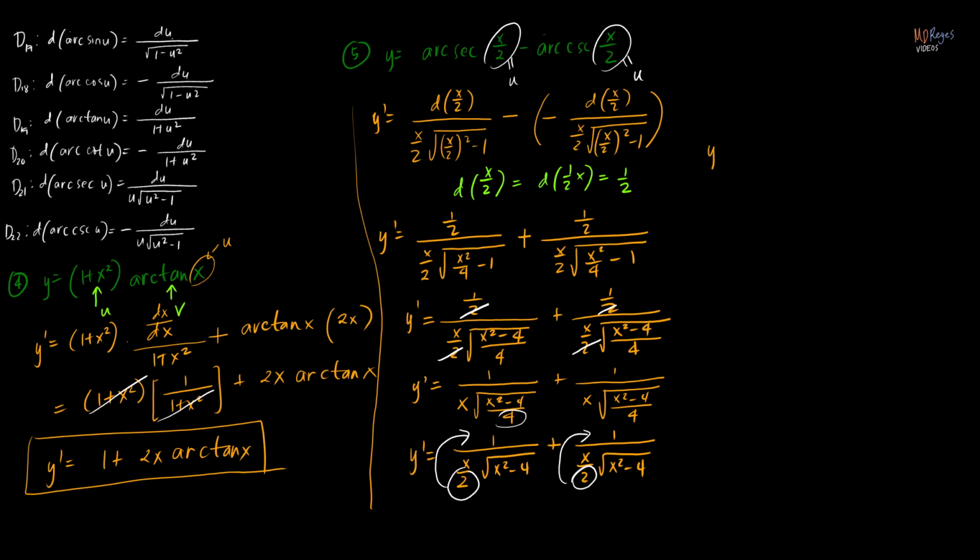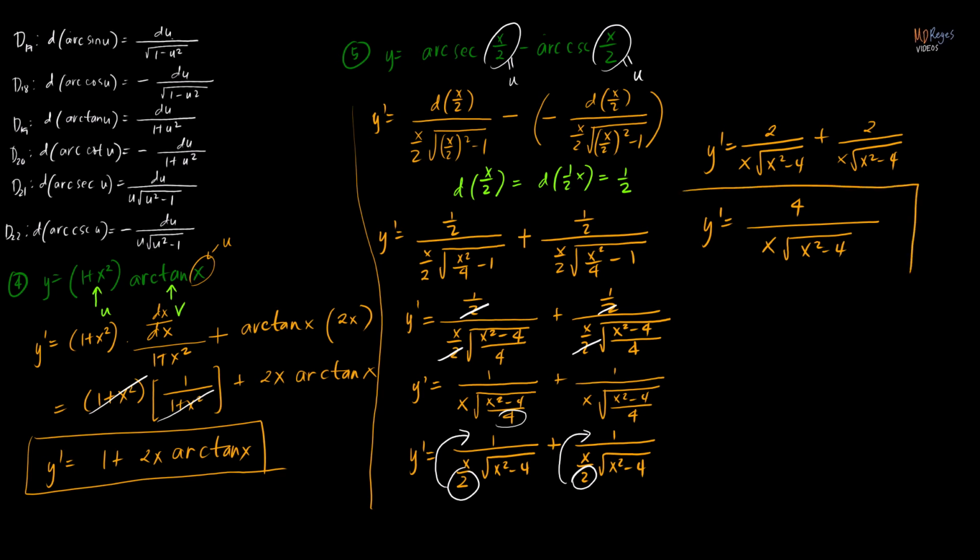So now y prime is equal to 2 over x square root of x squared minus 4 plus 2 over x square root of x squared minus 4. So 2 over square root of x squared minus 4 plus itself will give us 4 over x square root of x squared minus 4. So this is the derivative of the function.